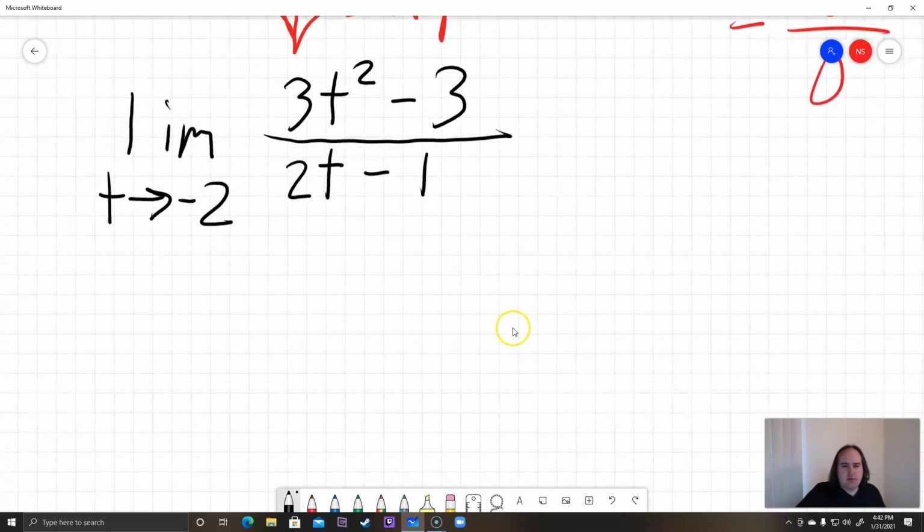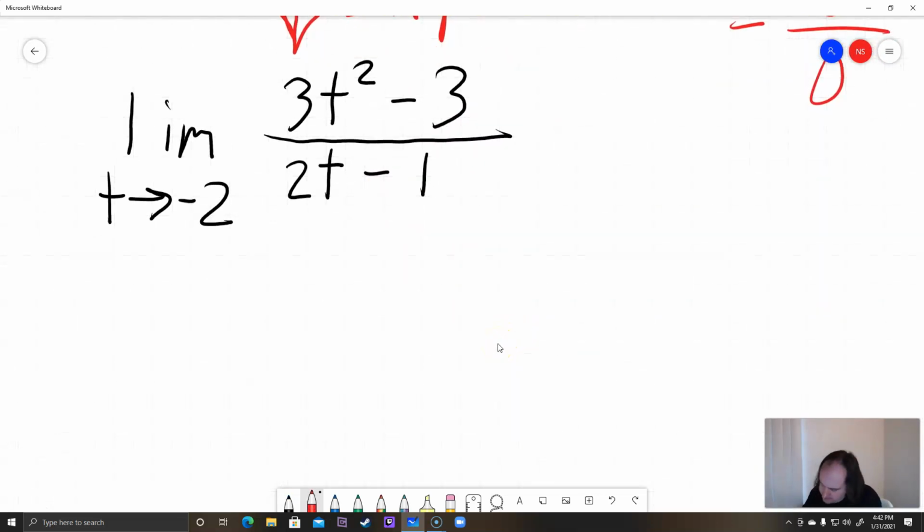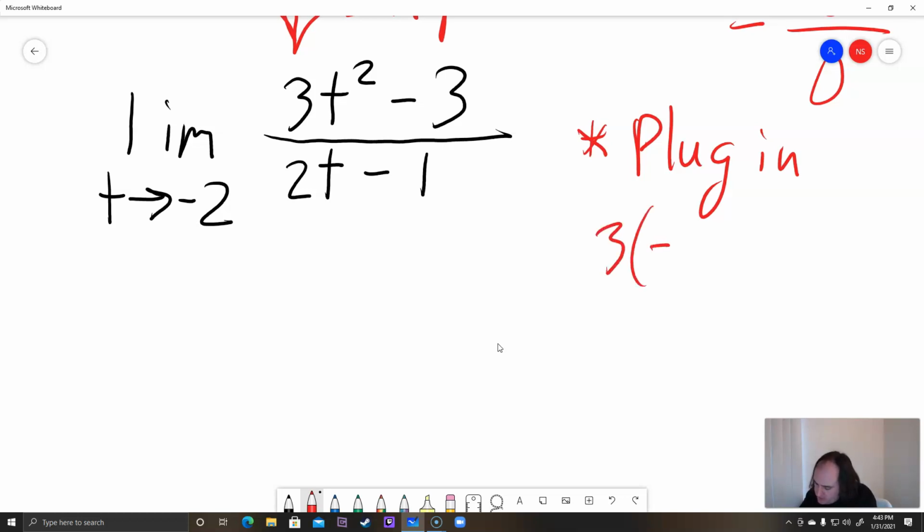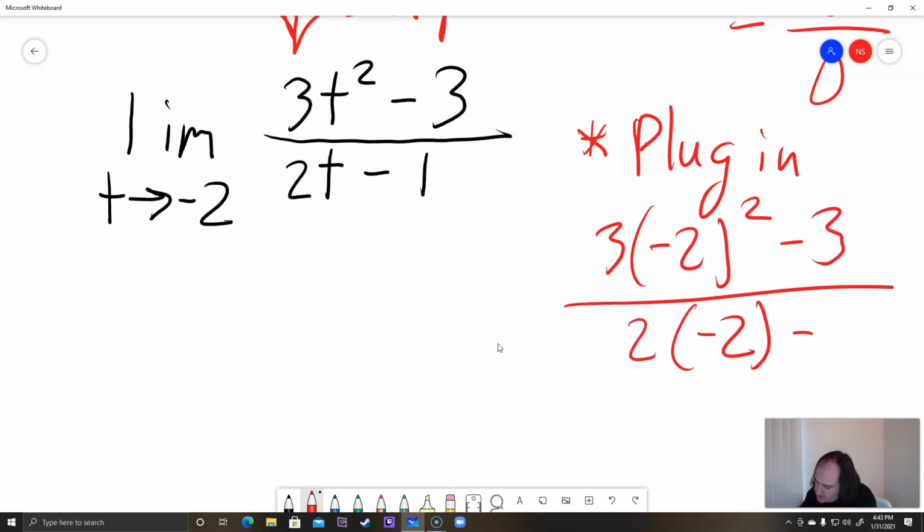So with this one, if we plug in negative 2, we're going to get 3 times negative 2 squared, I'll just write it out. 3 times negative 2 quantity squared minus 3 over 2 times negative 2 minus 1.